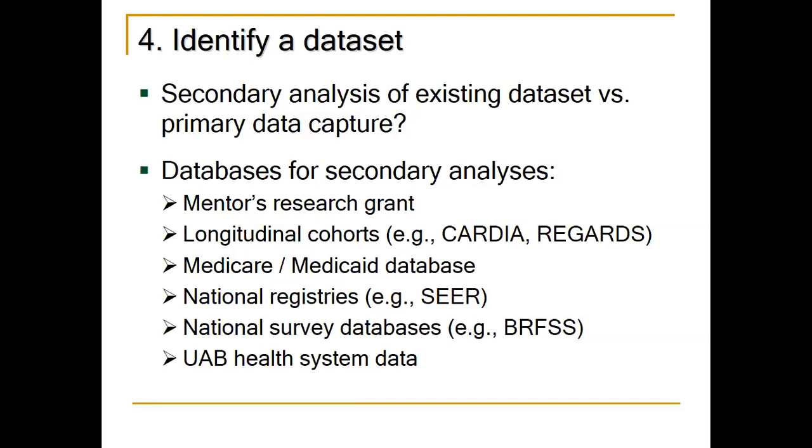We're very fortunate at UAB to have access to things like CARDIA and REGARDS that are just a wealth of information. Medicare, Medicaid, national registries like SEER that many have used in this room. National surveys are out there that you can use. And UAB health system data. We have a lot of data captured in the health system, some elements better than others, but a whole wealth of data out there.